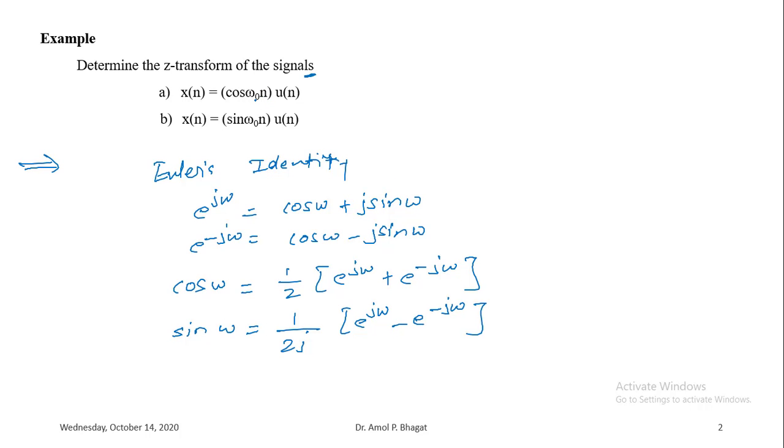So let's try to solve this example where two different signals are there. We will initially identify the Z transform of the first given signal. It is given as x of n is equal to cos omega 0 n into u of n.